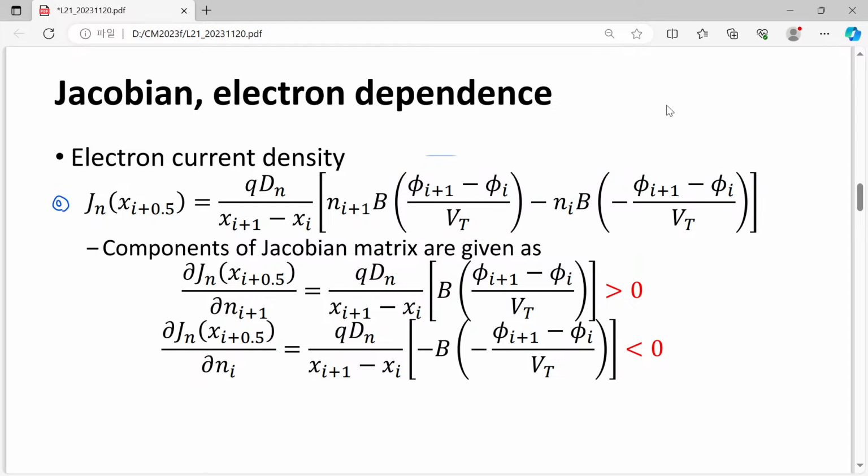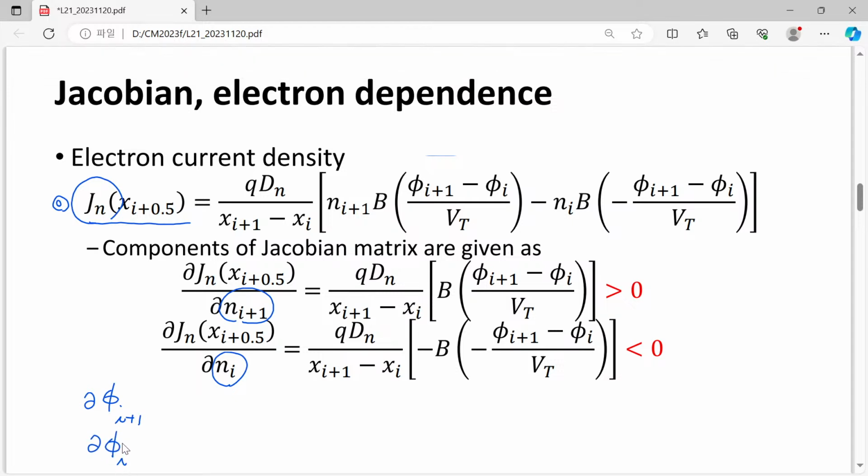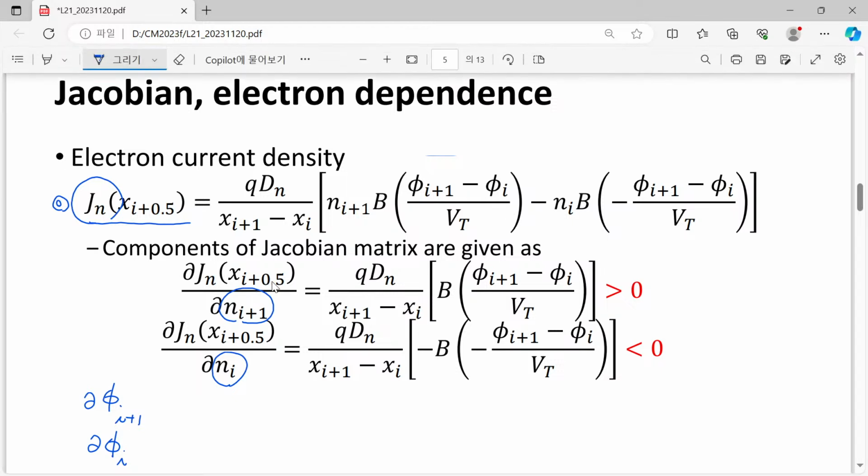Now, since we have this form, what we can do is, first of all, take the partial derivative of this current density with respect to the electron density, and later with respect to the electrostatic potential. Of course, all of these four components should be considered exactly in order to get good convergence behavior.